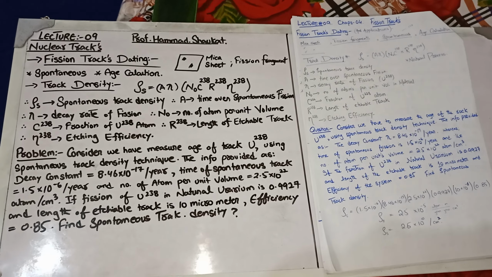So this sigma is basically the cross section for inducing fission of uranium 235 in this case, because you know that in the spontaneous case molecules of uranium 238 are used, but here uranium 235 is used, with thermal neutrons.